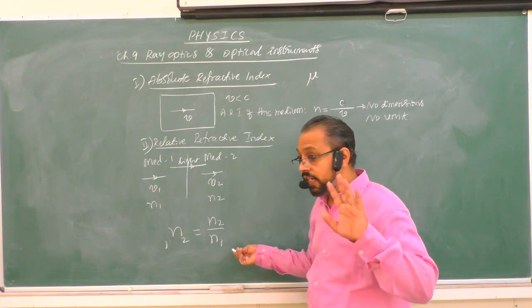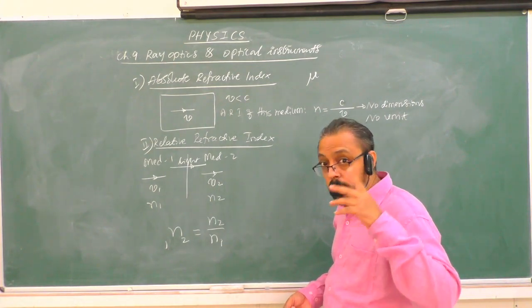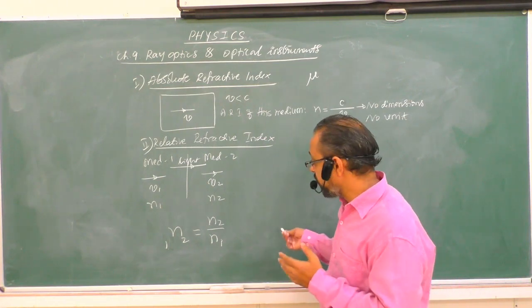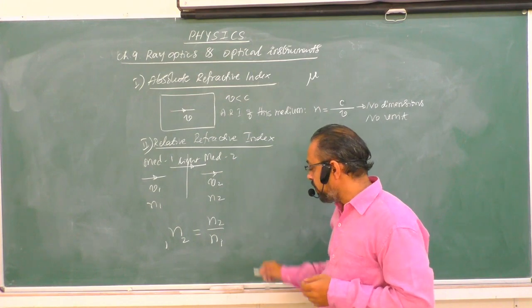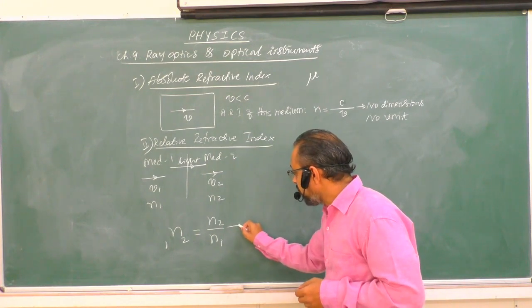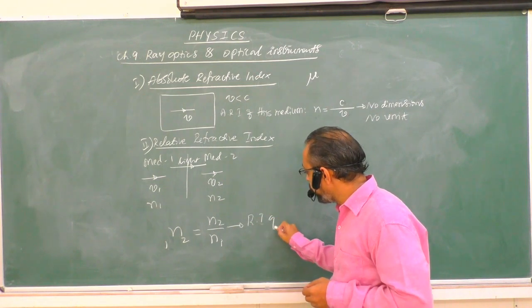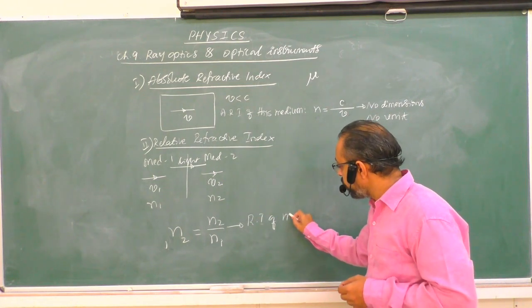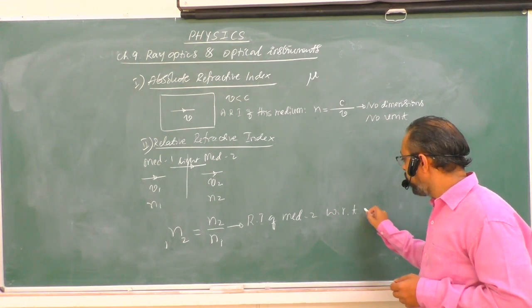It is not n1 by n2. If you write n1 by n2, that will be different. Okay, let me talk about that later. So now I am getting n2 by n1. How you have to read it? This is nothing but refractive index of medium 2 with respect to medium 1.